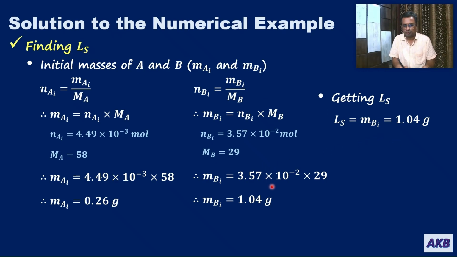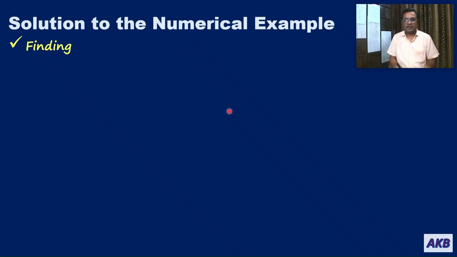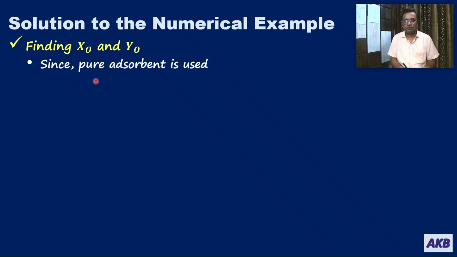Let us continue. Okay, so next we will be finding X0 and Y0. Since we are using pure adsorbent, it will not be containing any acetone on its surface initially. That means the weight fraction of acetone on the surface of the adsorbent, or the weight fraction of acetone in the initial adsorbent phase, is 0.